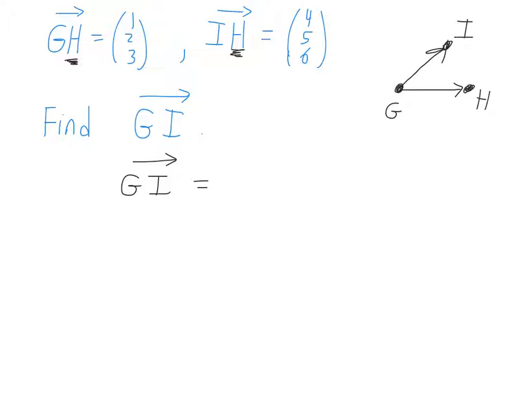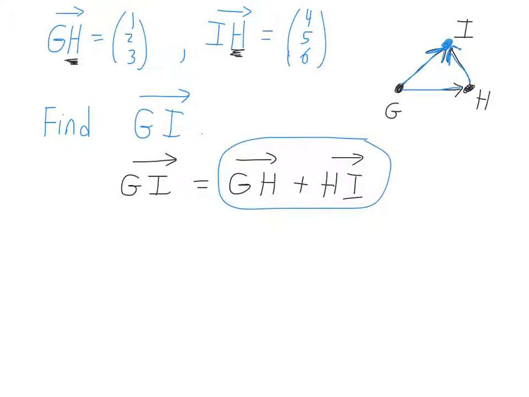So we can go from G to H and then from H to I. So this vector GI is the same as traveling down the vector from G to H and then picking up from H and traveling to I. Either way, we get to point I. If you go from G to I directly, or you take the longer way, we are eventually getting to I. So we have a shortcut in GI, whereas this vector addition is the longer route. We need that longer route to find the answer to the question here.